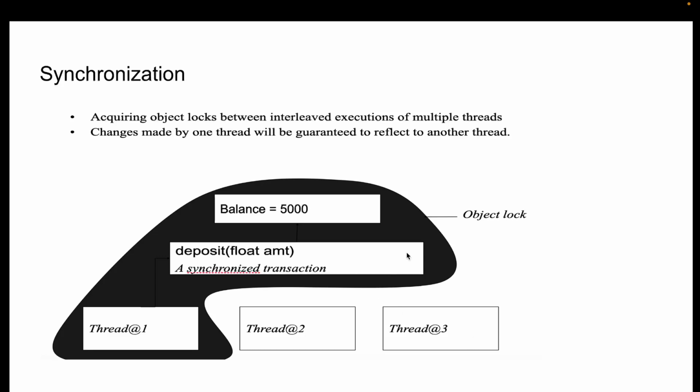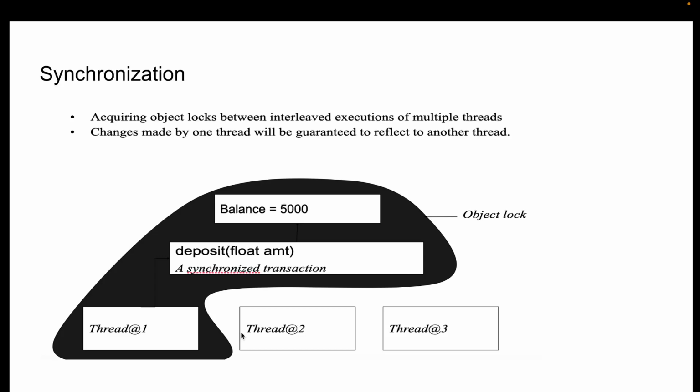But when we synchronize the process, first thread 1 completes the deposit and it's updated, it's 6,000. Now let's say thread 2 acquires the object and tries to perform the operation. Thread 2 will see the updated amount, $6,000.